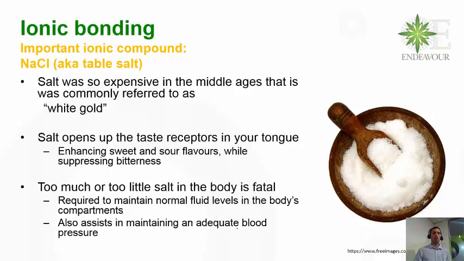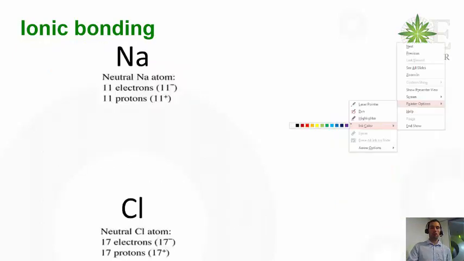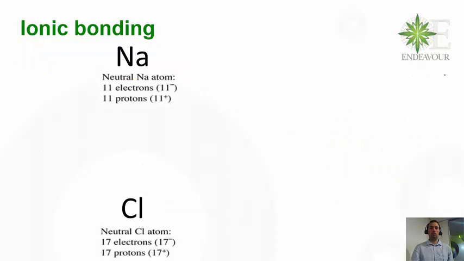So a very high salt diet can actually have a role in increasing blood pressure. So as you learn about in BioH, there's sodium and chloride channels in the cell, which can actually allow these ions to move in and out of the cell. And you'll learn more about that in your BioH subject.